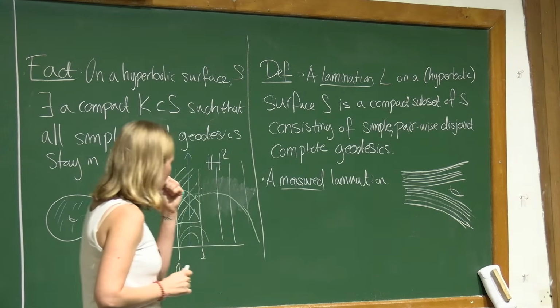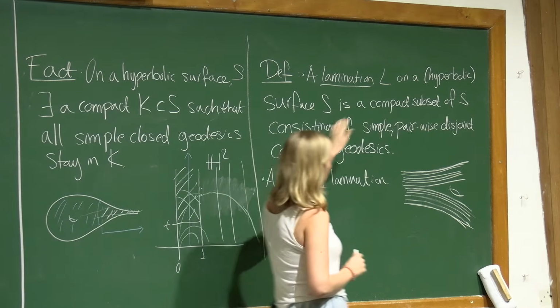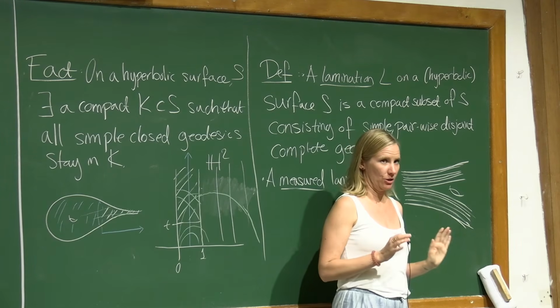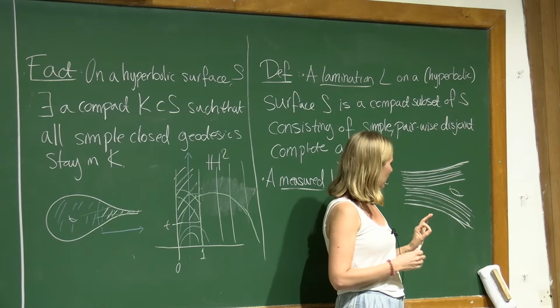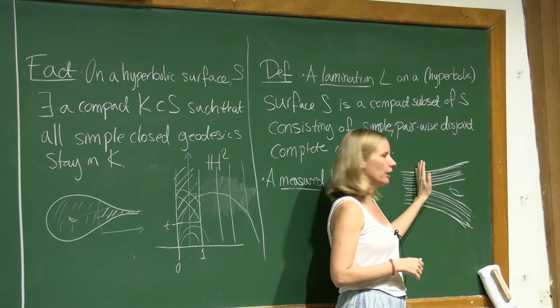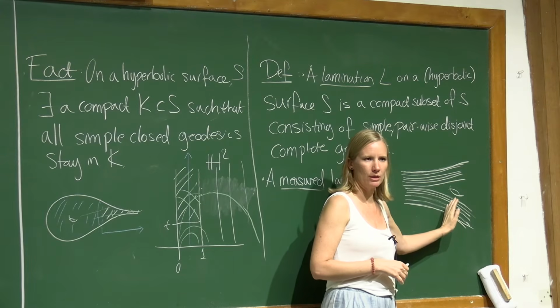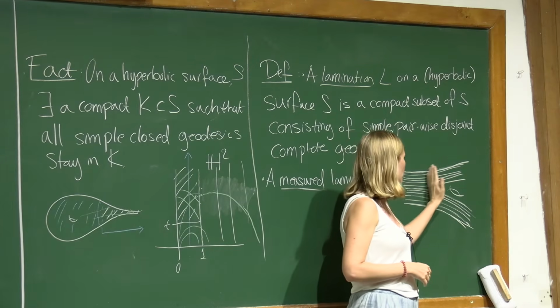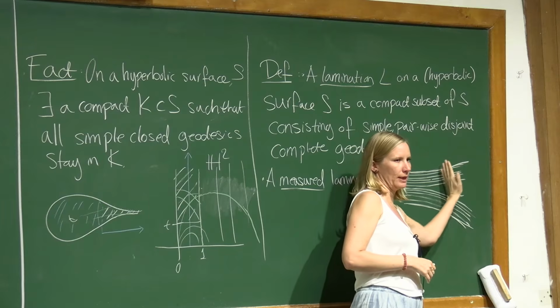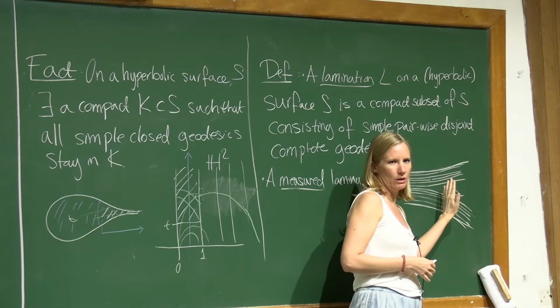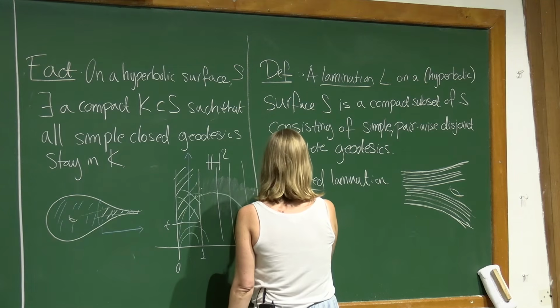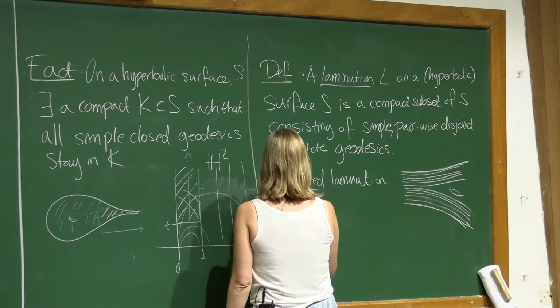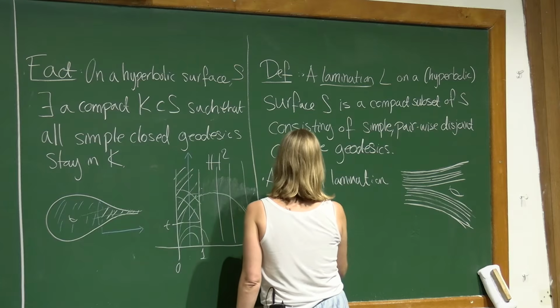Okay. So a measured lamination is a lamination together with a transverse measure. What does it mean to have a transverse measure? It's something that gives a positive number, a measure, to every arc transverse to your lamination, in such a way that if I homotope my arc relative to the lamination, it doesn't change. So let me write it. A measured lamination, lambda, is really a pair.